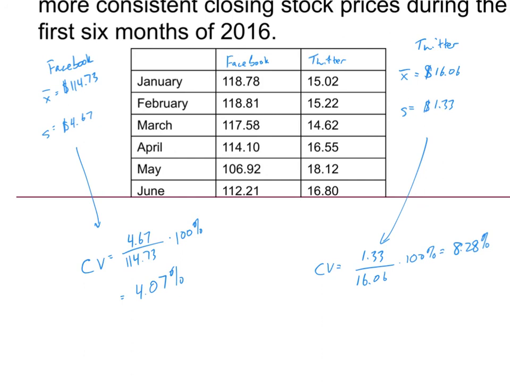If that was a little bit complicated, basically Facebook has a higher price, so they're allowed a little bit more variability. Twitter has a lower price, but their variability wasn't as low as we would have expected. Facebook was more consistent.